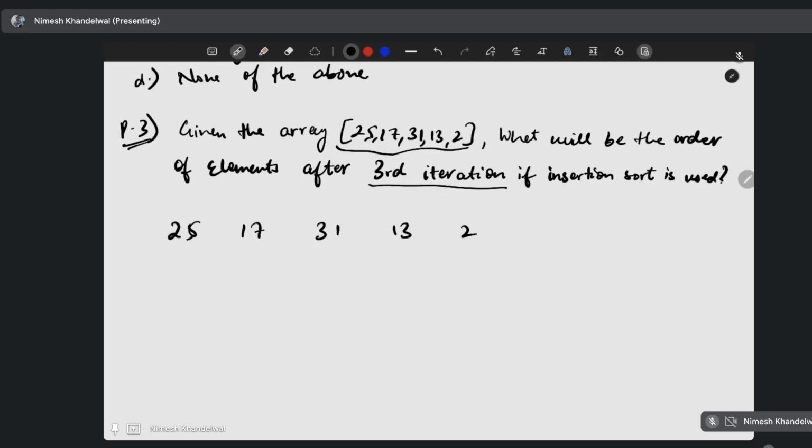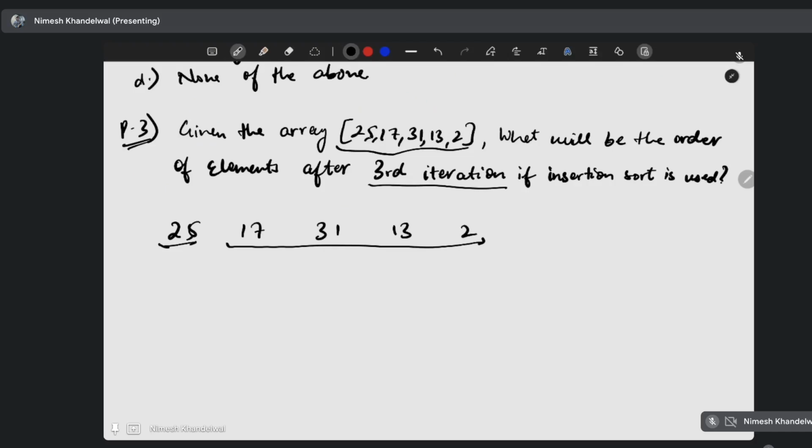So what do we do in insertion sort? We start with the first element, and we take it as the key, and we search for the first value that is smaller than our key, right? And whenever we find that value, we swap it with the key.